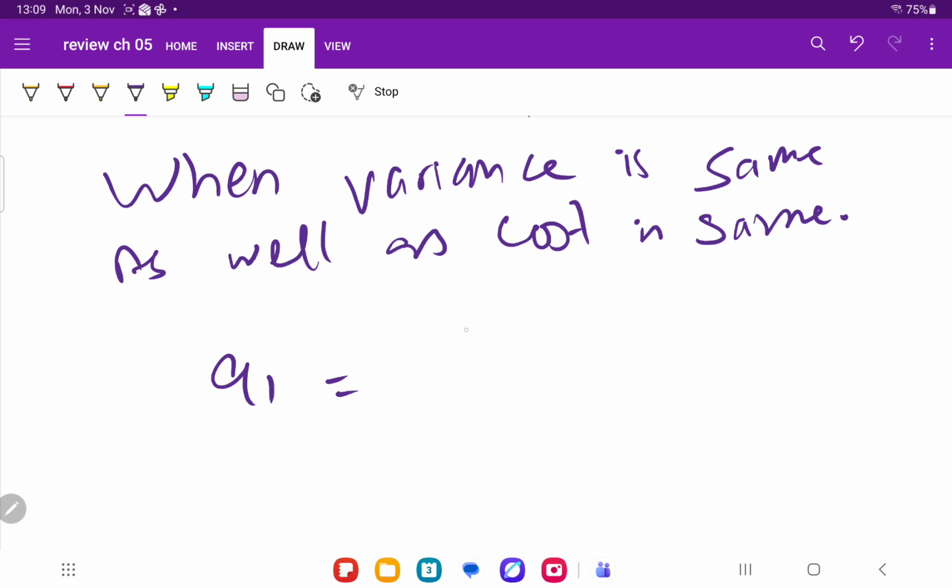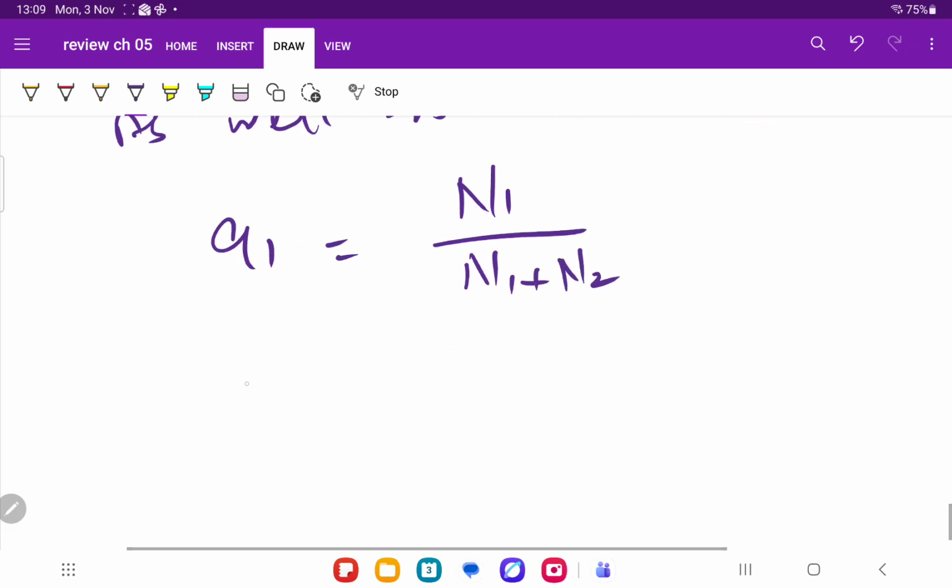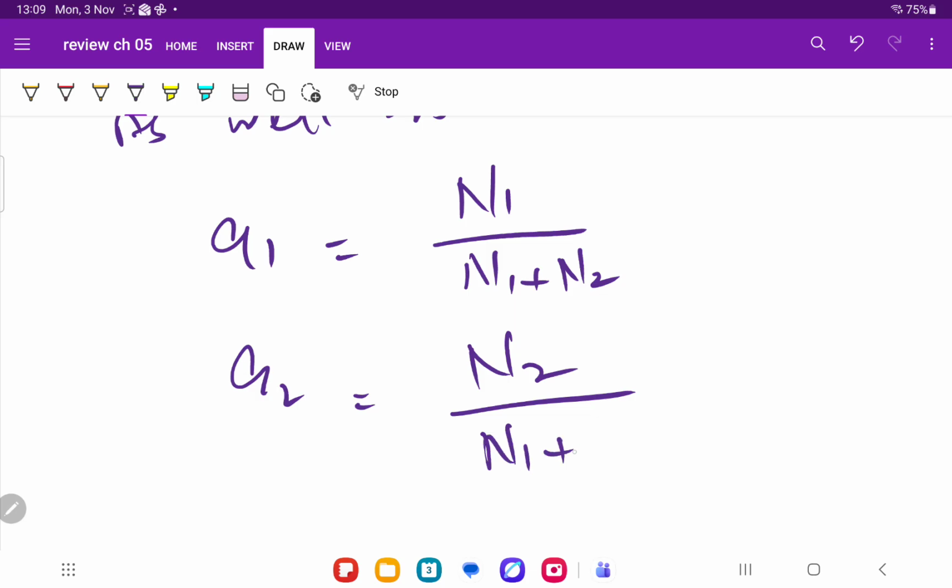Then A1 will be N1 over N1 plus N2, and A2 will be N2 over N1 plus N2.